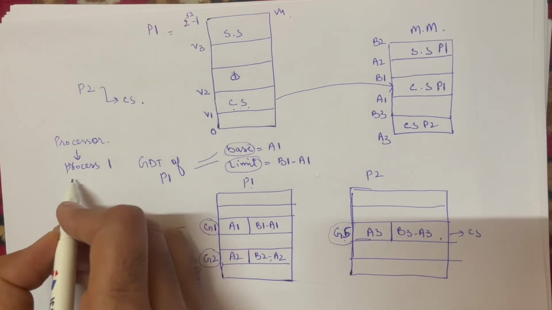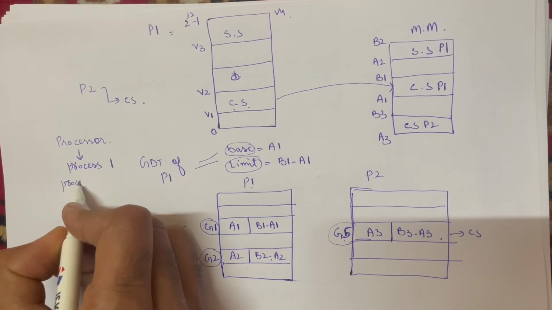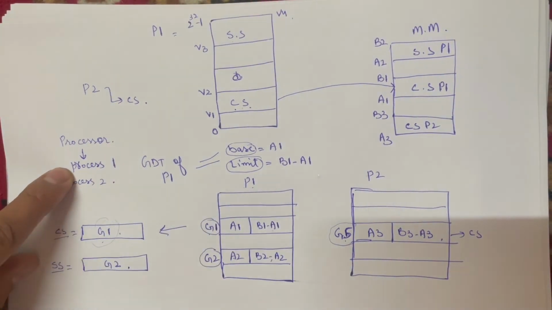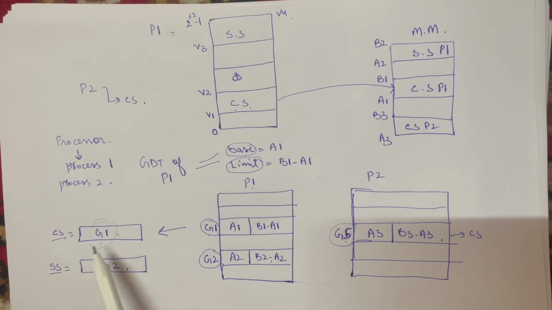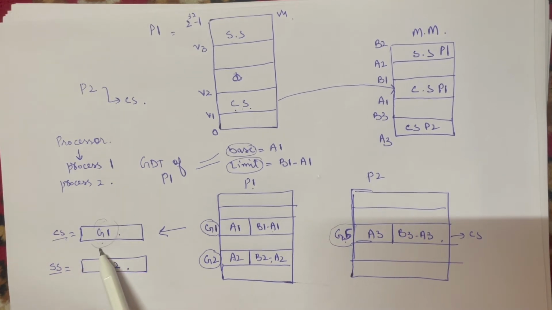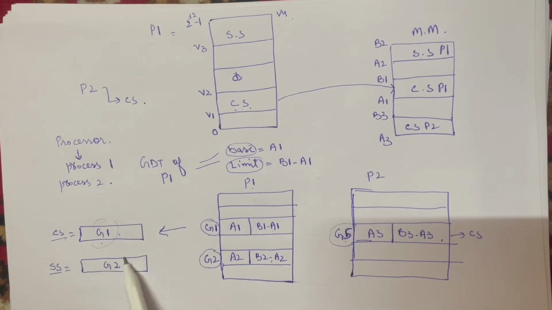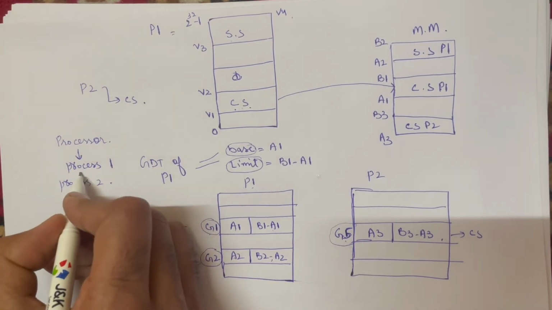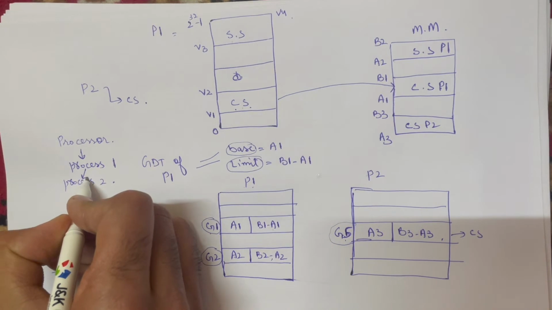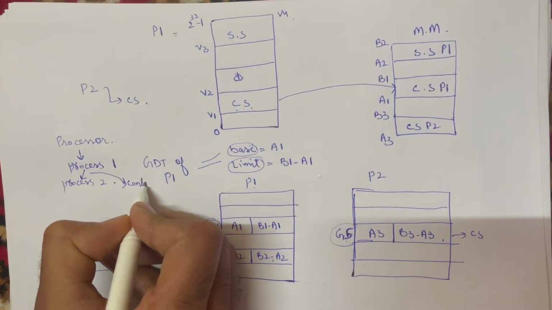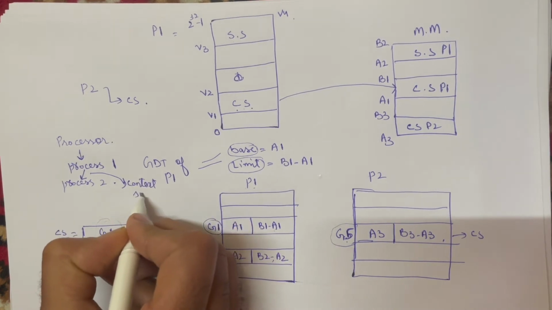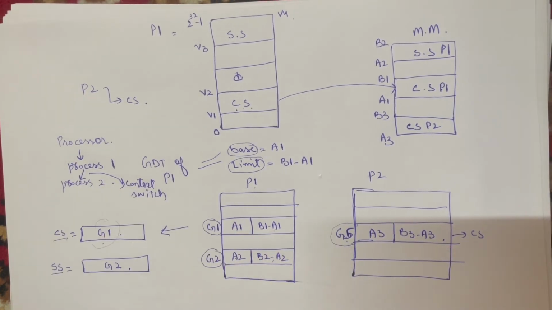They contain addresses from the global descriptor table. However, if it switches from process P1 to process P2, this is called a context switch.